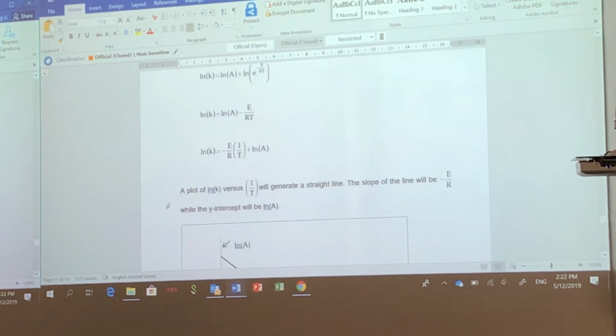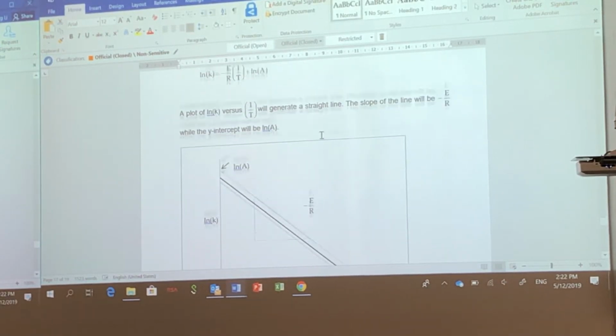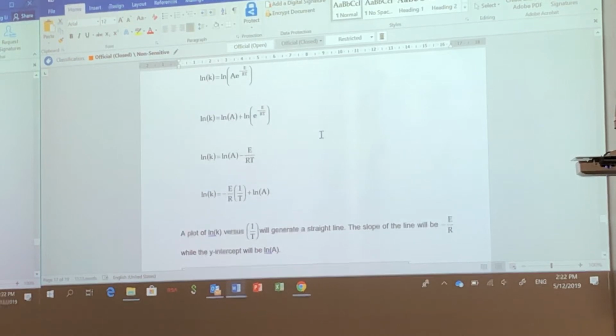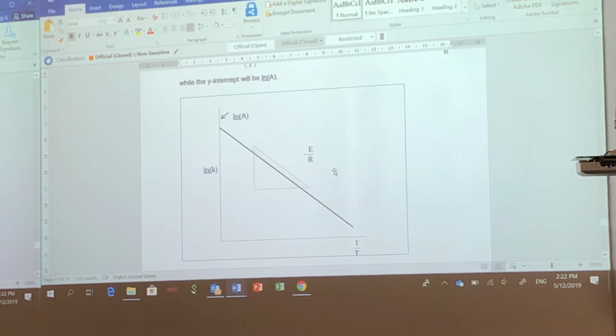Alright? And the one is referring to this. You have 4 temperature values, 30, 35, 40, 45. At each temperature, you have one K. In that case, you need to apply this method and you need to plot. After you plot, you will have 4 points.